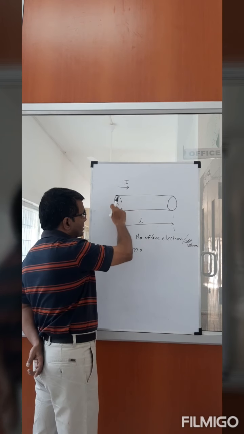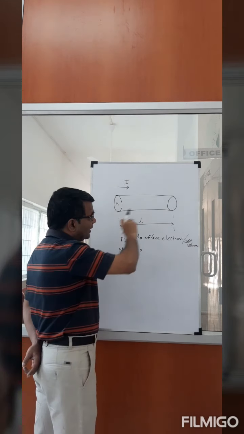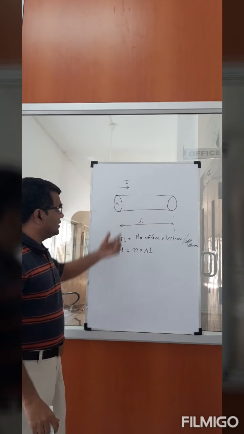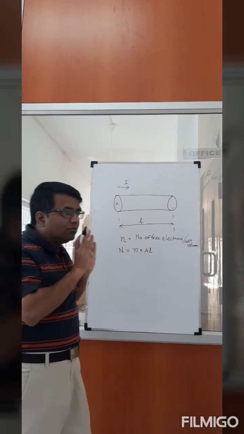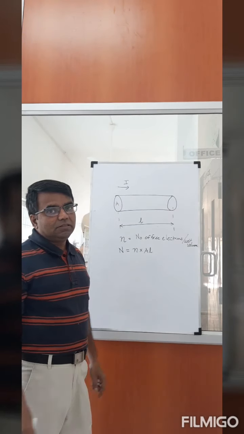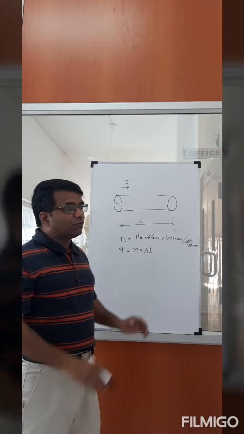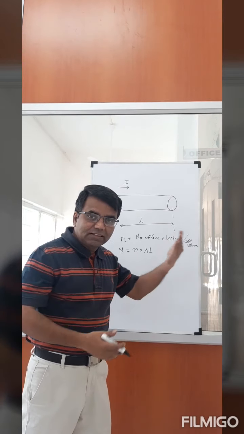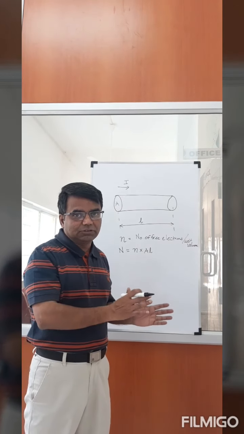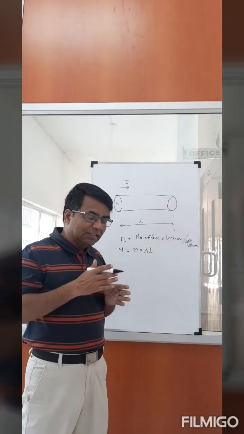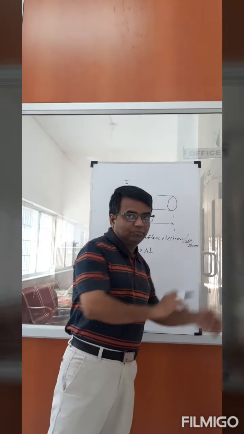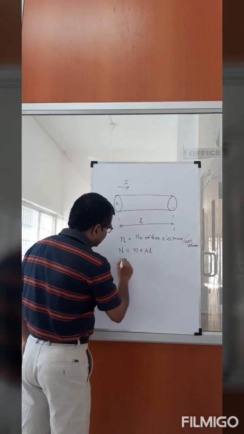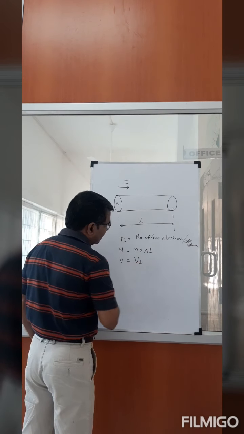A is the cross-sectional area and L is the length, so N equals nAL. That's the total number of free electrons. All these electrons will be moving in this direction. What will be the velocity of those electrons? Well, this will be the drift velocity. We have already come across this. When current flows through the conductor, the electrons drift with a certain velocity. That is the effective velocity in the direction. So the velocity V is actually the drift velocity.